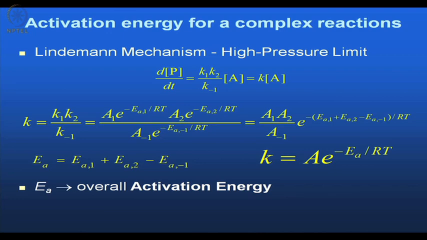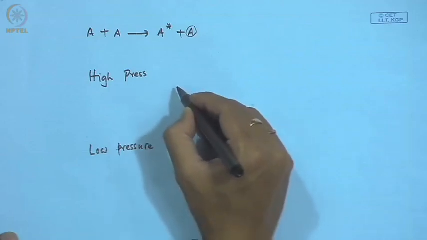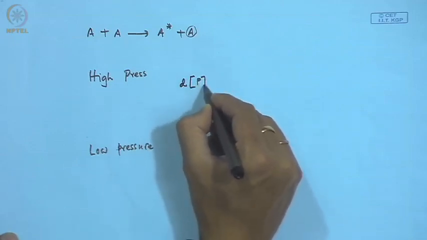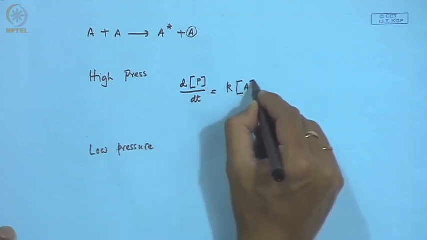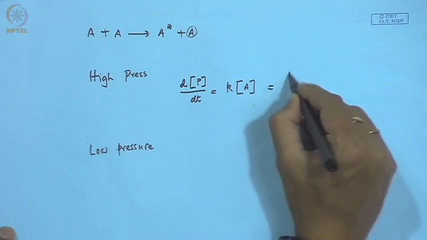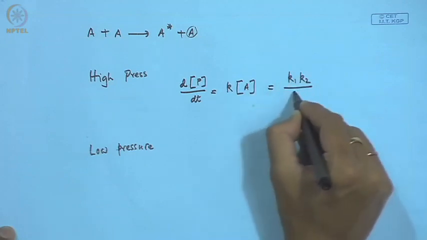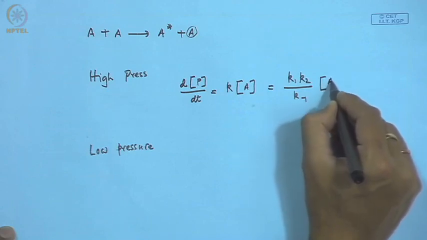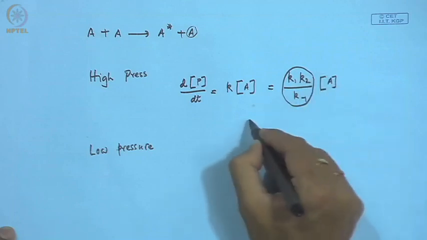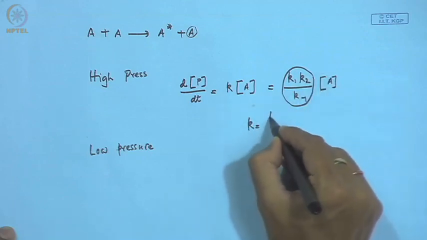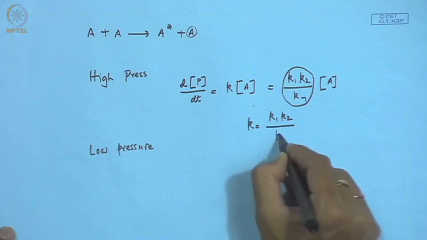Again, look into Lindemann's mechanism and concentrate on the high pressure region, where your expression becomes dP/dt is equal to some constant A, which is nothing but K1 K2 divided by K minus 1 A. That means your overall rate constant is K is equal to K1 K2 divided by K minus 1.